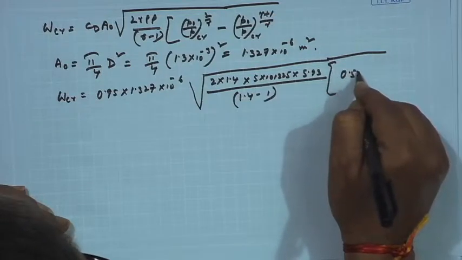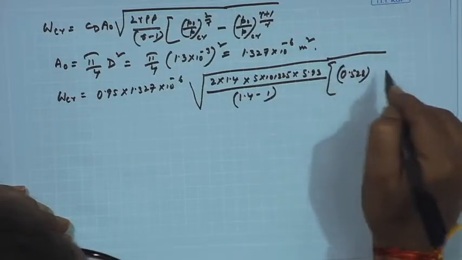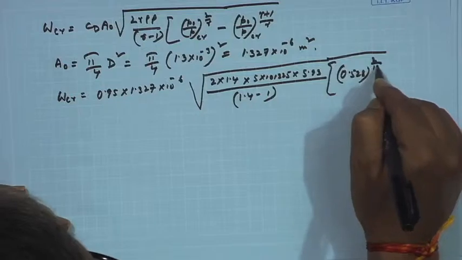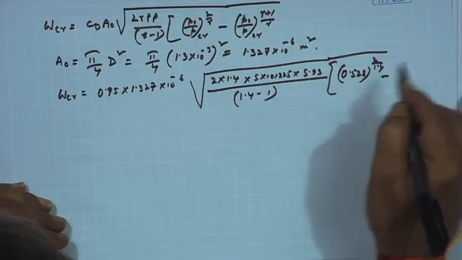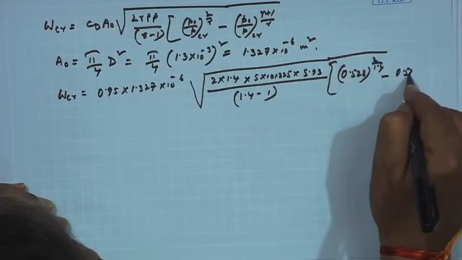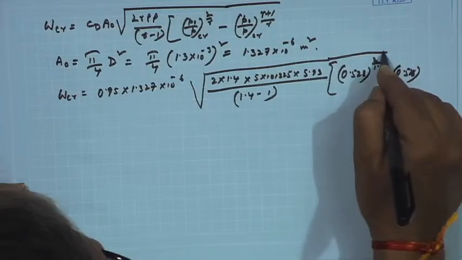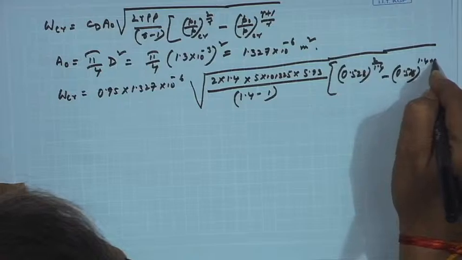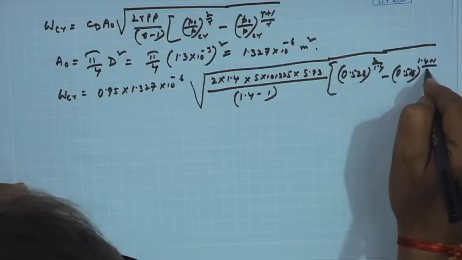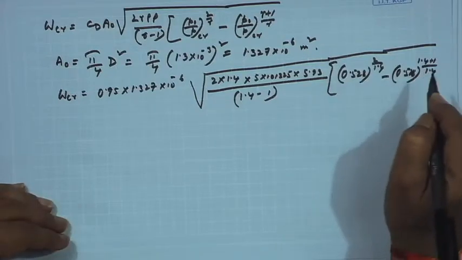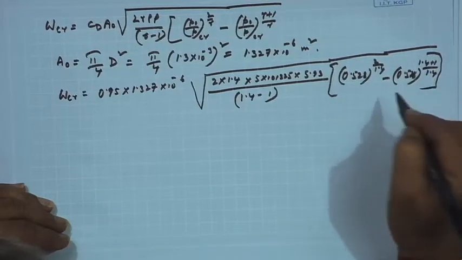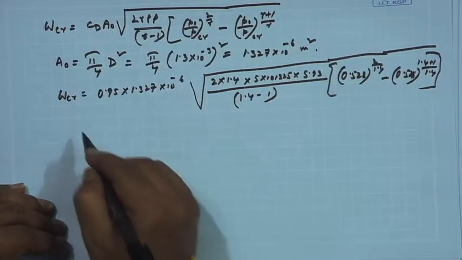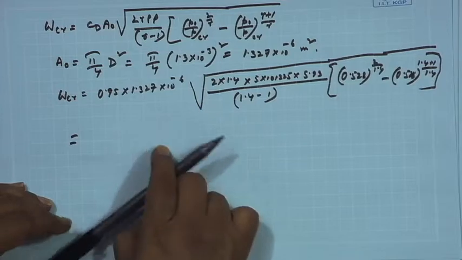So, 0.528 to the power 2 by gamma 1.4, minus 0.528 to the power gamma plus 1, 1.4 plus 1, divided by 1.4, right. So, this is that.